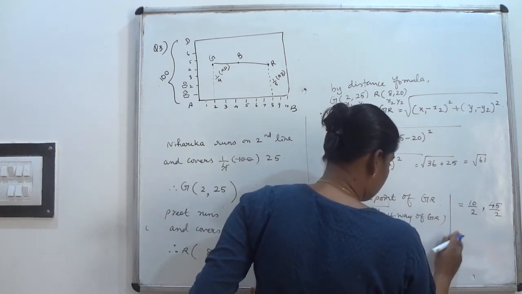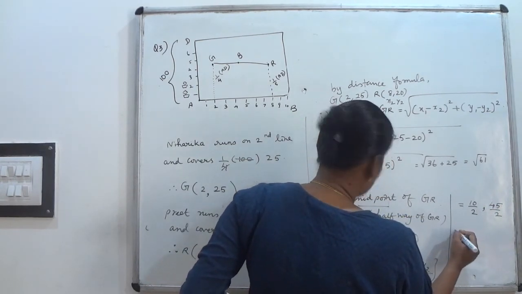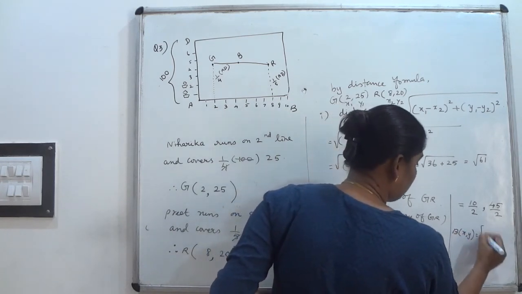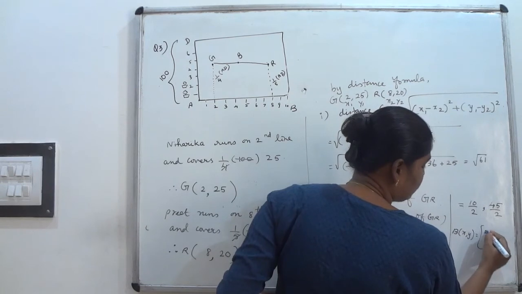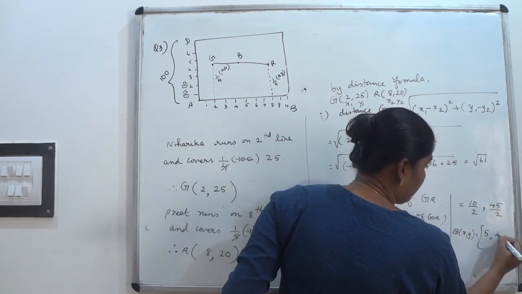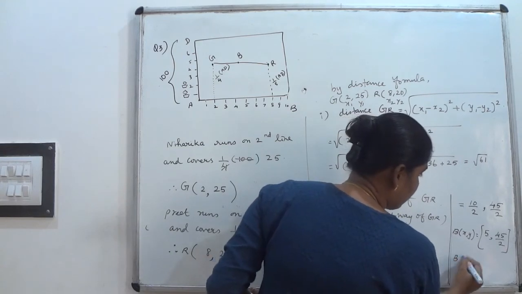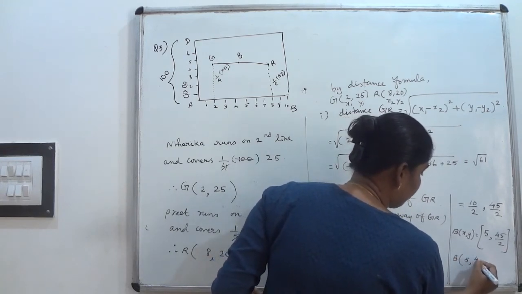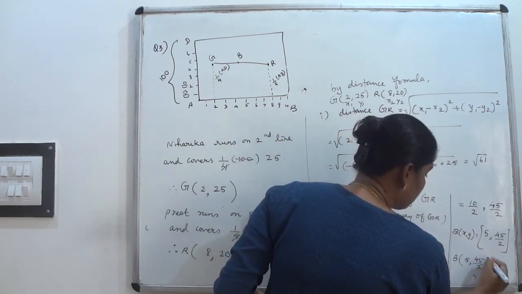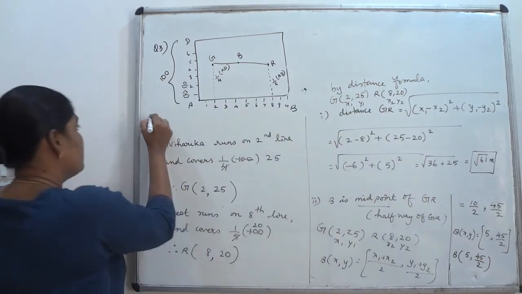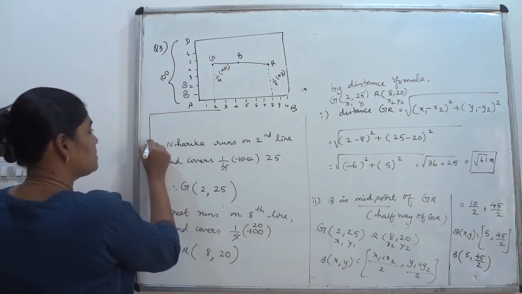So you can write it here. The B point coordinates are 10 upon 2, that is 5, and this is 45 upon 2, as it is you can keep. So the B coordinates are 5, 45 upon 2. At last we have to write the answer in statements.